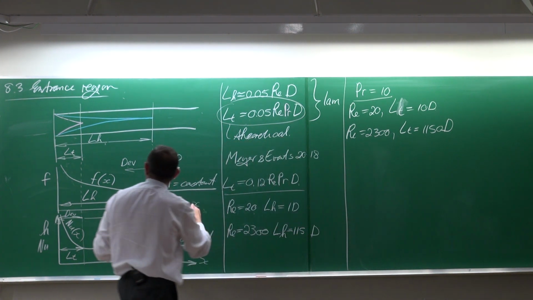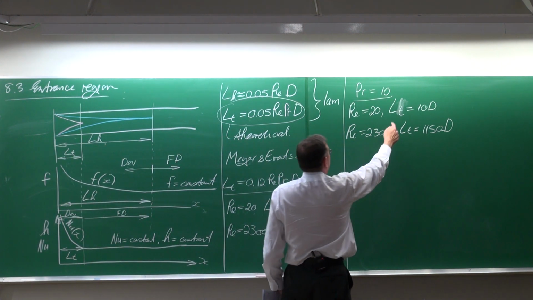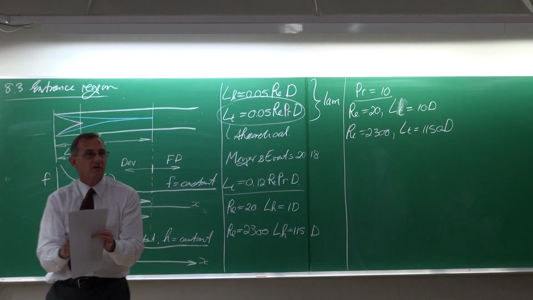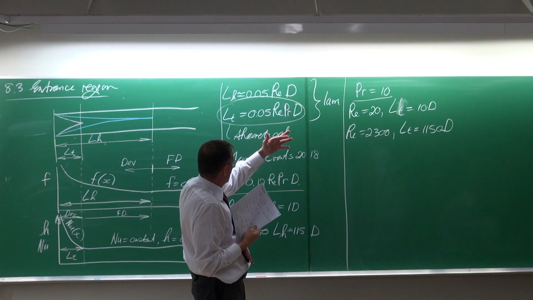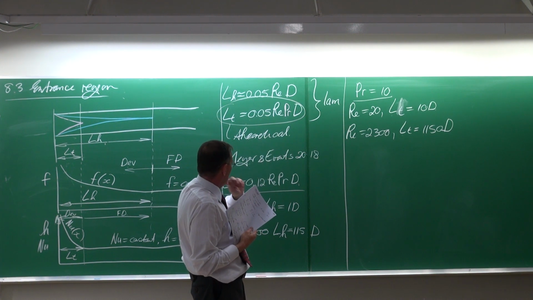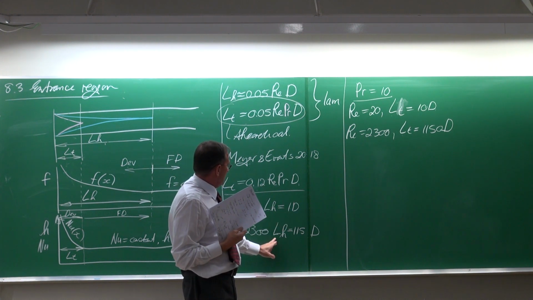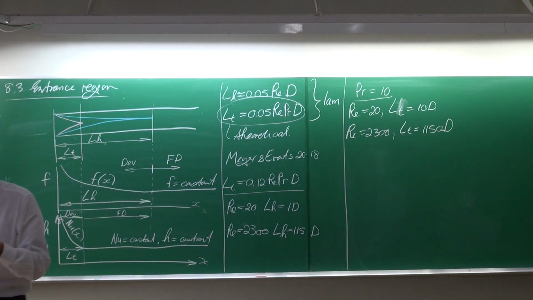So for air, you're going to have the situation where the LT values are going to be smaller than those two values. So if the Reynolds number is approximately 20 and the Prandtl number is approximately 0.1, this LT would be 0.1 diameters, and that LH would be 1 diameter. So it is much quicker before it is fully developed.